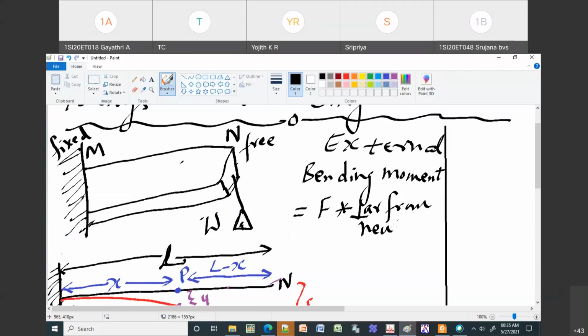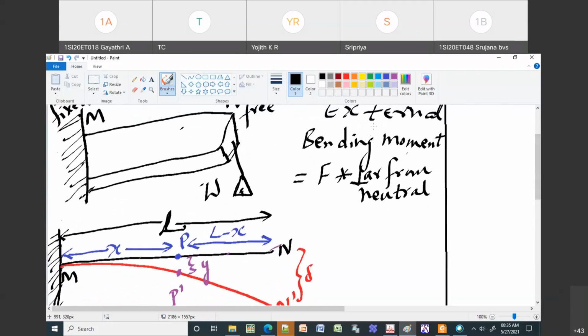We have already used this in the previous derivation: force into the perpendicular distance from the neutral axis. That is your external bending moment.